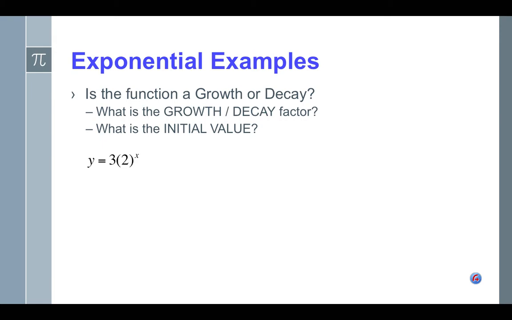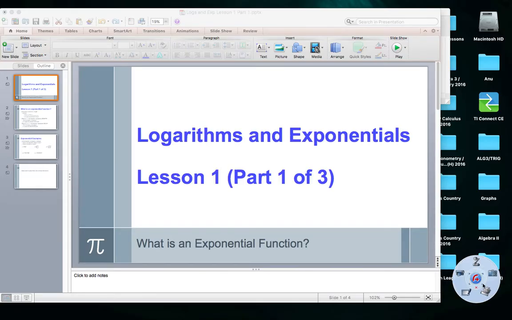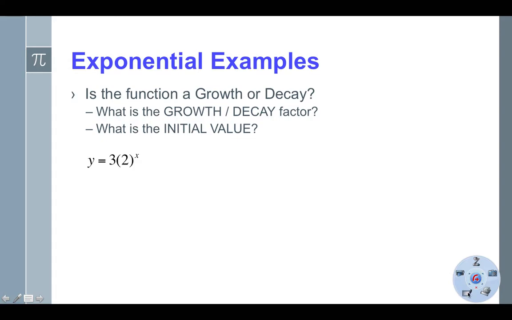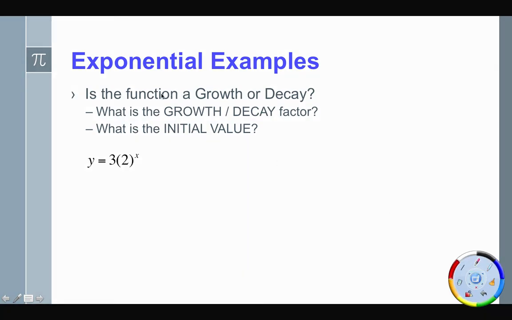So we have the function y equals 3 times 2 to the x. And you just have to make a note: is it a growth or decay? And really you're looking at b. So b is equal to 2 in this case. So this is base 2. Since 2 is bigger than 1, that means it's a growth.